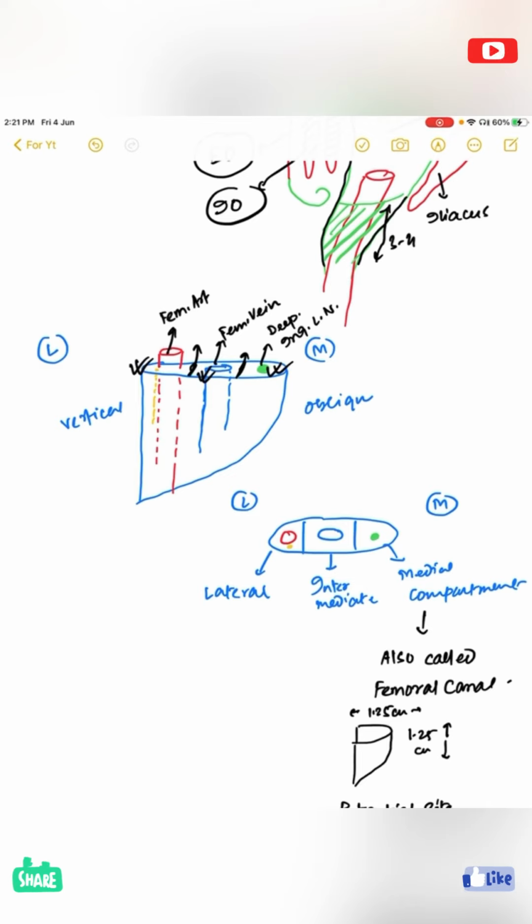The lateral compartment contains the femoral artery along with one nerve, the femoral branch of the genitofemoral nerve. The intermediate compartment contains the femoral vein, and the medial compartment, also called the femoral canal, contains some fibrofatty tissue and the deep inguinal lymph nodes, also called lymph node of Rosenmuller or lymph node of Cloquet, right?